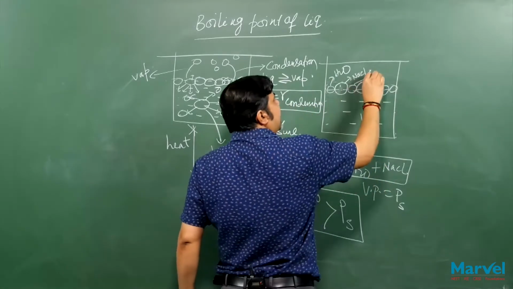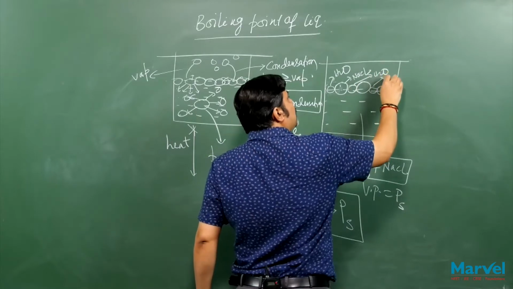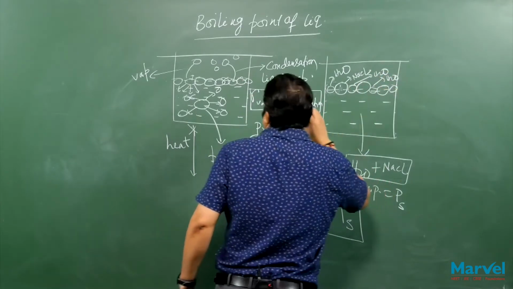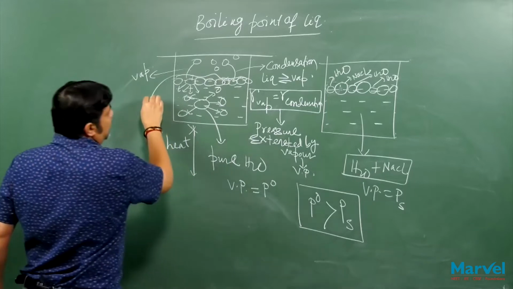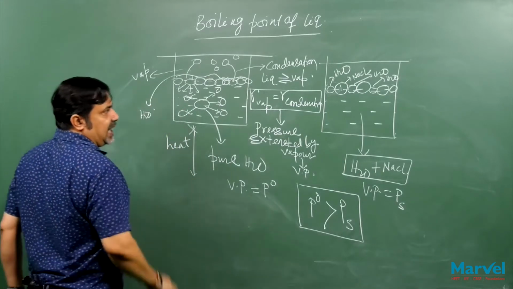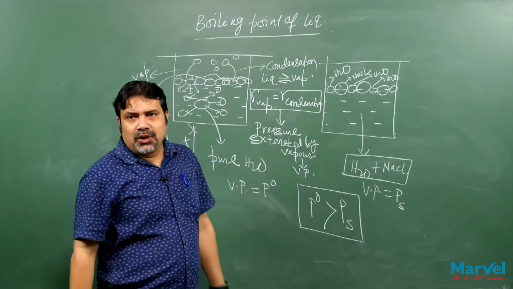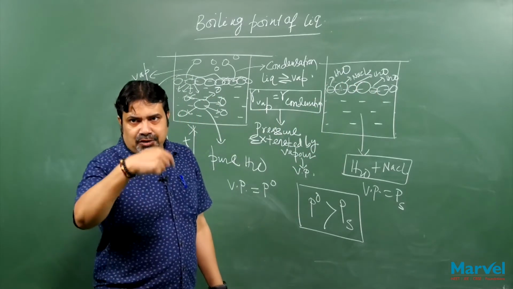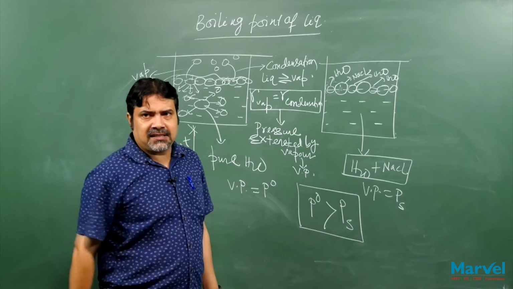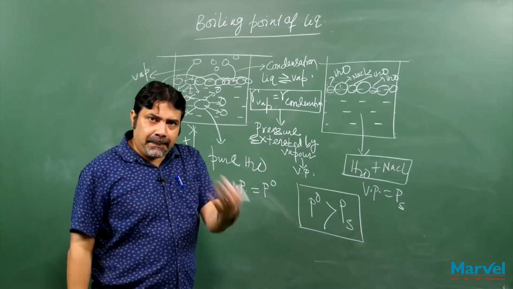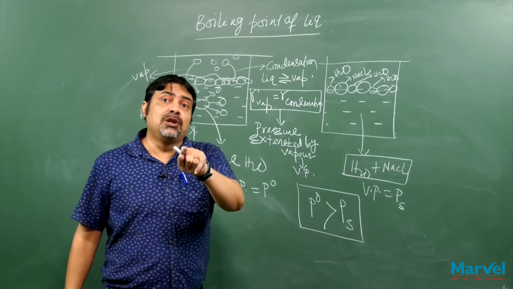But in pure water, all molecules are nothing but what? H2O molecules. So in the solution, the availability of solvent molecules on the surface is less. So at the same temperature the vapor produced will be less, and the vapor pressure will be less.